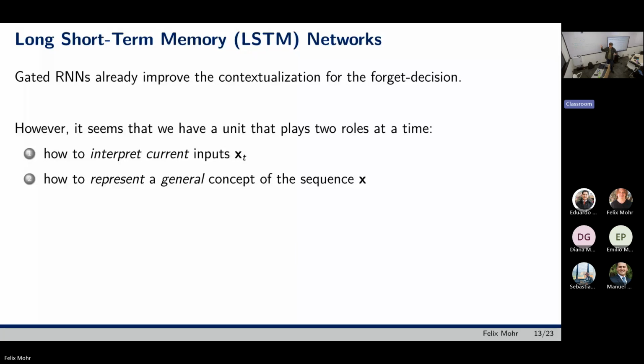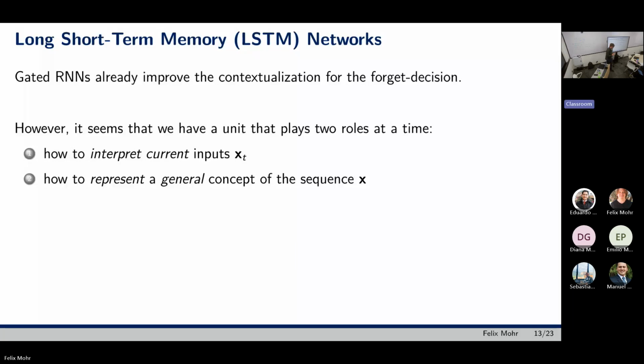In the standard recurrent network, we cannot memorize anything explicitly, and this behavior is not context dependent, because we always multiply h_{t-1} only with the linear matrix. The recurrent unit already helped us to contextualize this forget decision. And here it's a forget decision. I decide to forget.